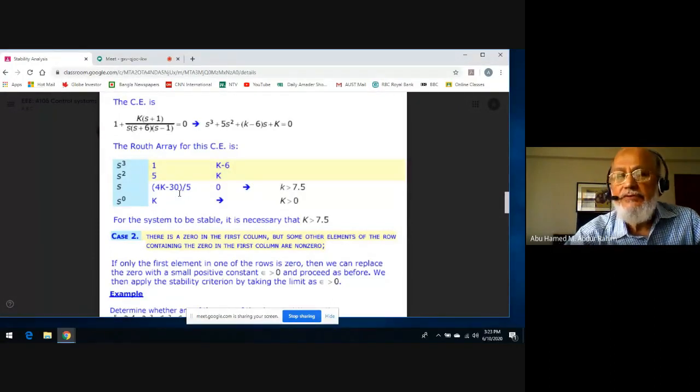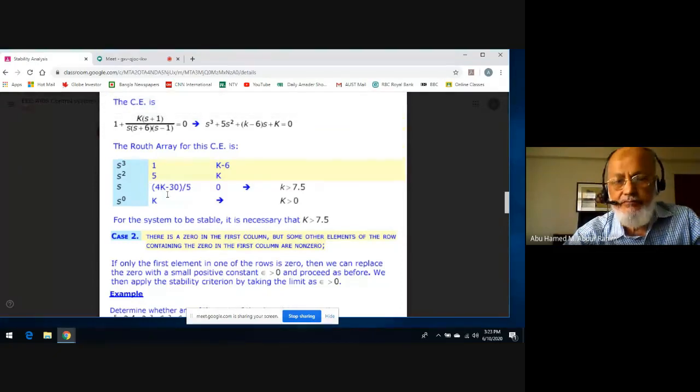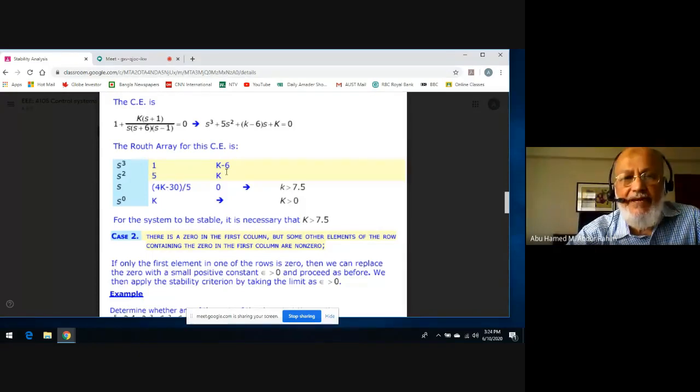All of you, use your pencil and paper. 5 times k minus 6 minus 1 times k, all divided by 5. You can see 5k minus k makes 4k, and 5 times 6 is 30. So 4k minus 30, divided by 5. I hope you got it, all of you. So this is the first element in the third row.